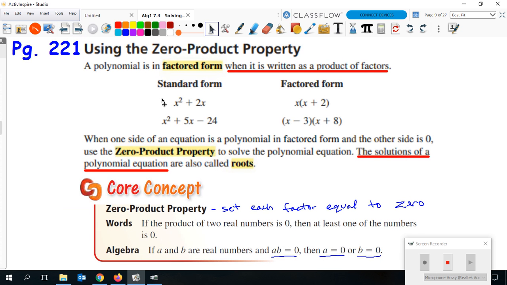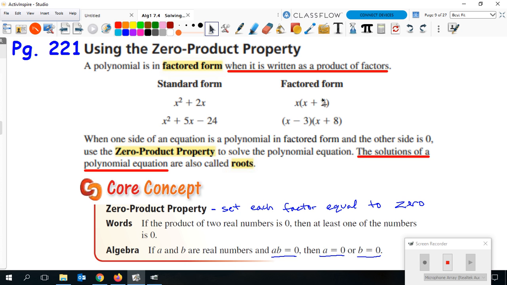On page 221 in your notes, here again is standard form and factored form. Factored form is when it is written as a product of factors. You can write that down for the vocabulary. A product of factors. This is standard form, just the binomial. Here's a trinomial. Factored form would be a product of the factors where you're multiplying the x, the monomial, times the x plus 2.